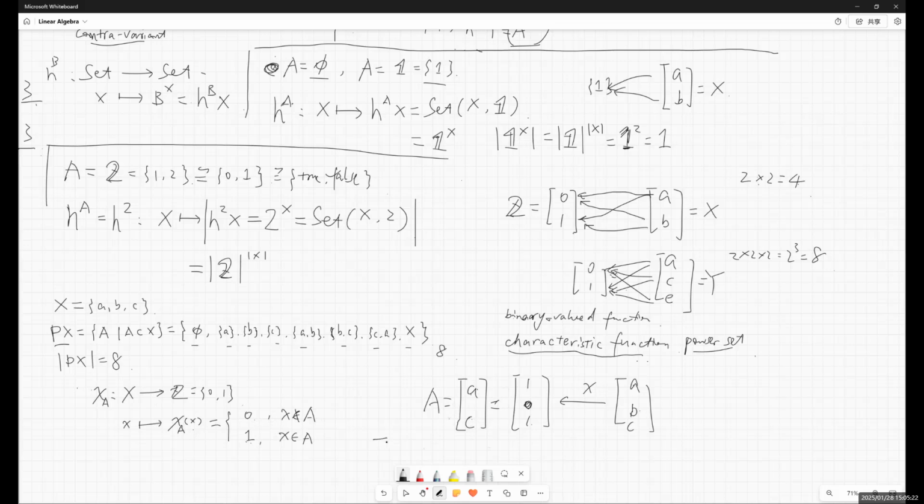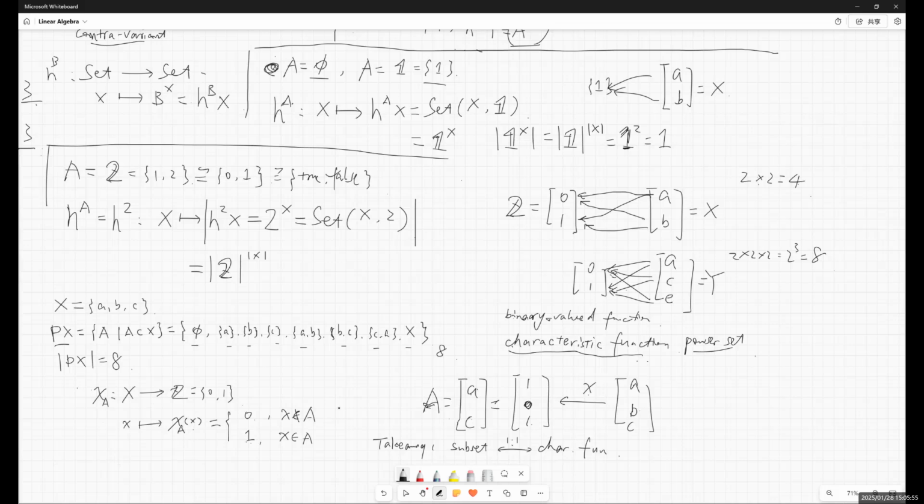So to take away, a subset is one-to-one correspondent to a characteristic function. You see, a characteristic function defines a subset, and the subset by this way defines a characteristic function.